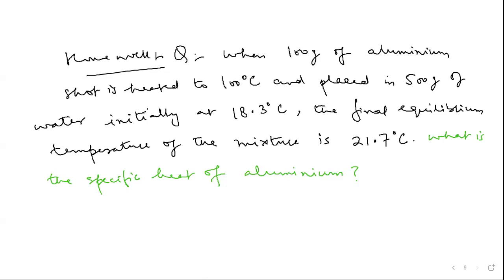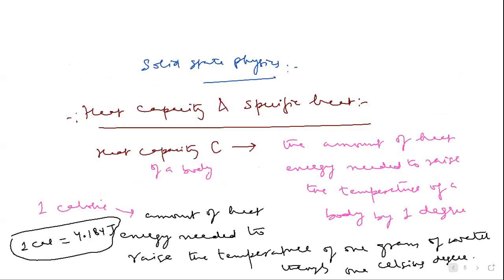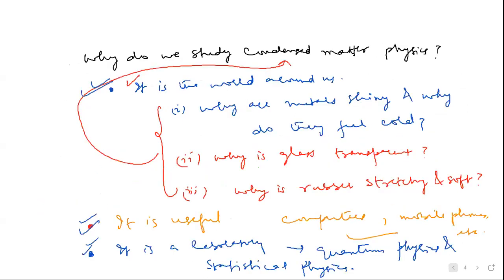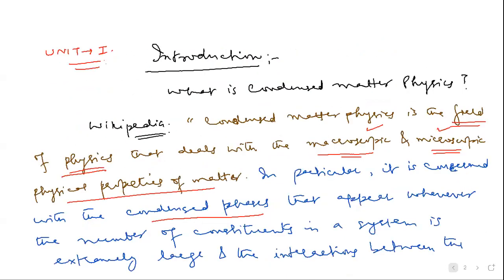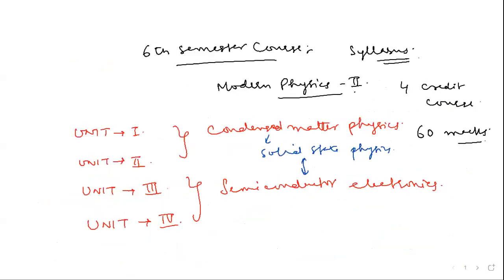This is your homework. Let me summarize this lecture a bit. So we started our course. We defined condensed matter physics. Then we said solid state physics is part of it. So our 2 units, or in fact all the 4 units, are connected in a way with solid state physics, right?